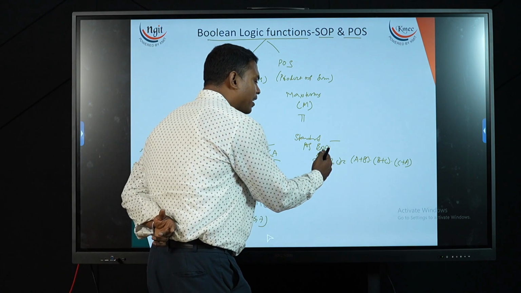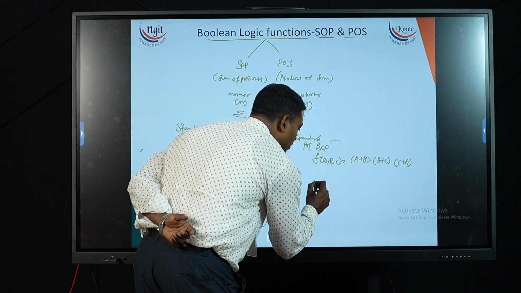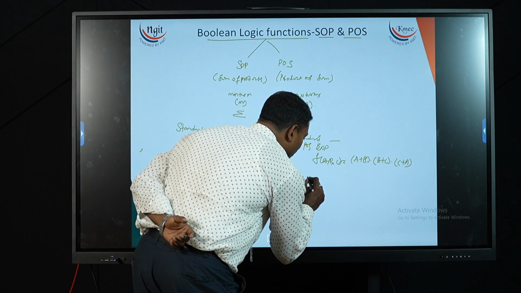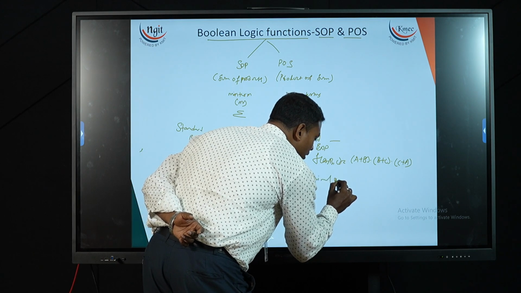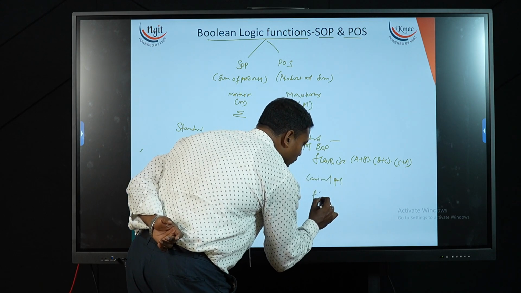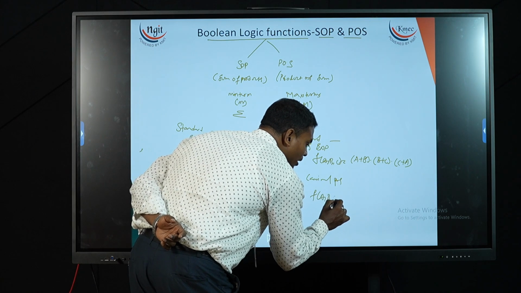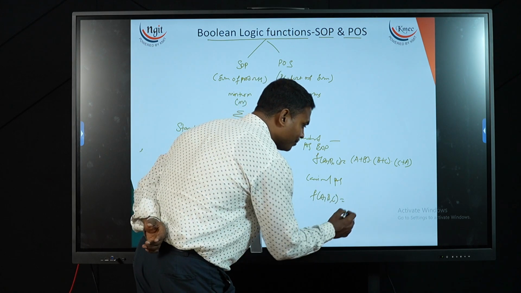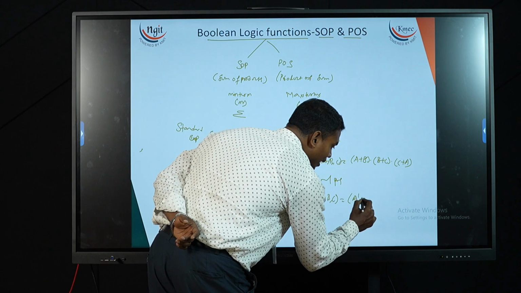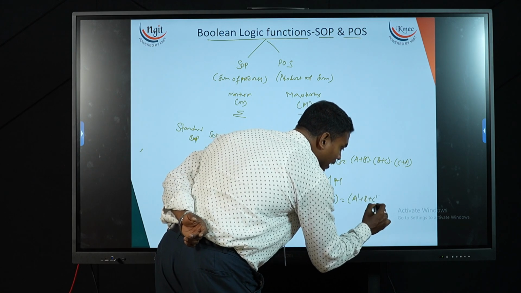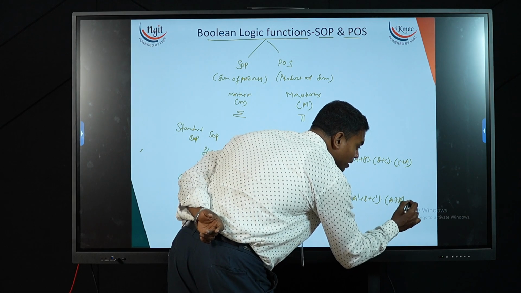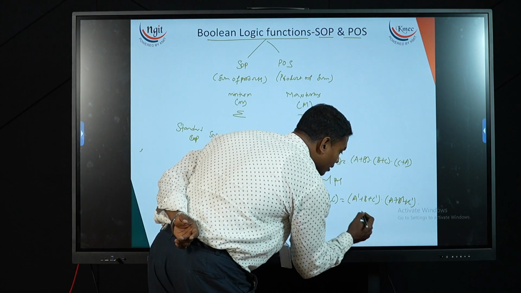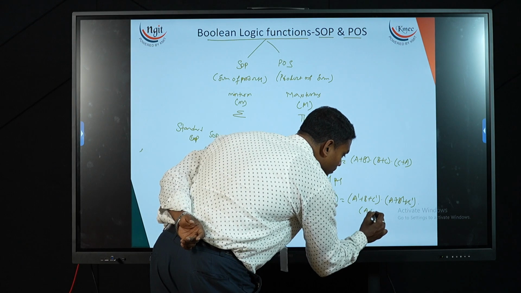Similarly for my canonical POS form, canonical POS can be represented as f of a, b, c is equal to (a' plus b plus c') dot (a plus b' plus c') dot (a plus b plus c).